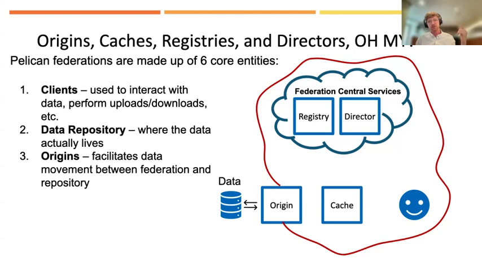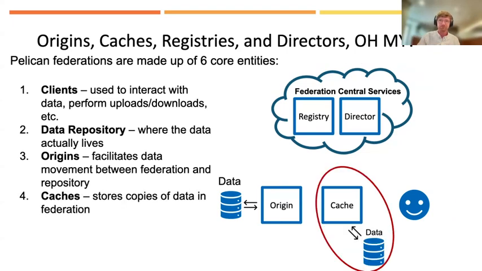And in addition to facilitating that data transfer, the origin is also responsible for managing different types of access policies. So when you set up an origin because you want to federate some data, you can set up different requirements about who's allowed to access that data, how the data access has to occur, and some other things like that. So the origin facilitates movement and access controls.